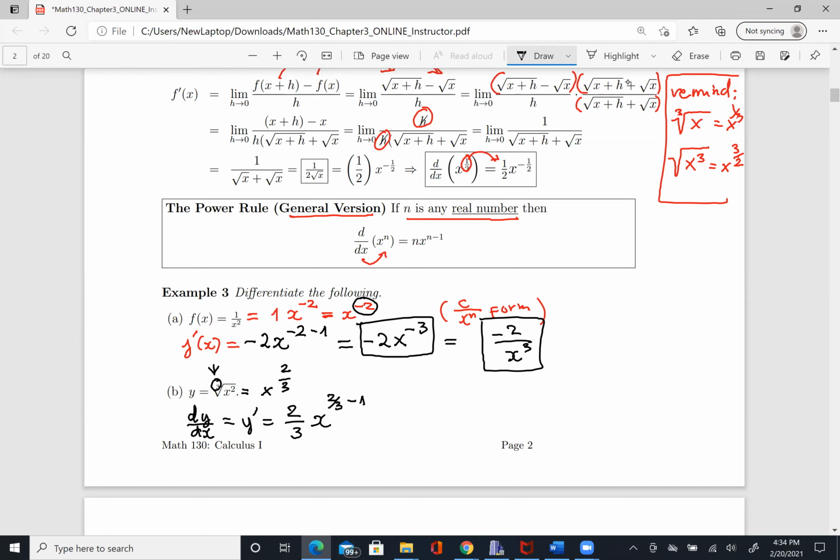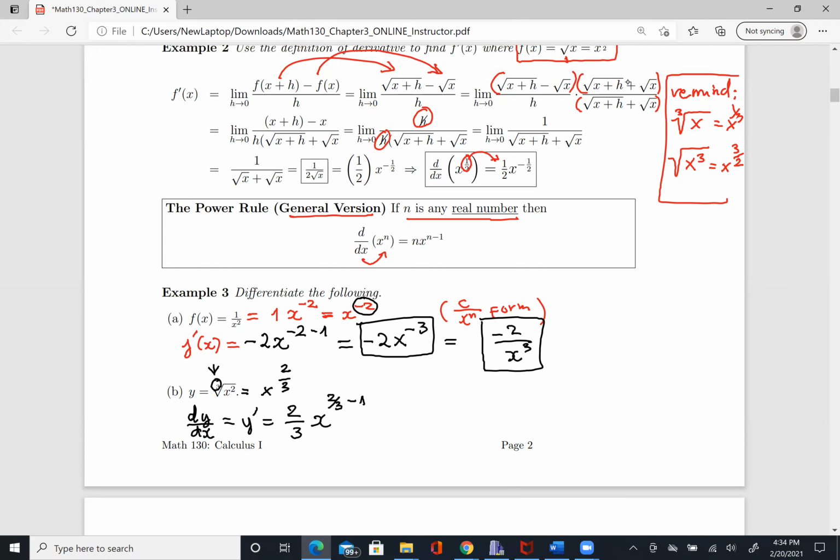The original was 2/3. You subtract 1, and what is that going to be? I rewrite 2/3 here, and I have x to power, if you use a calculator or you know how to do it, 2/3 minus 3/3, which becomes -1/3, right?